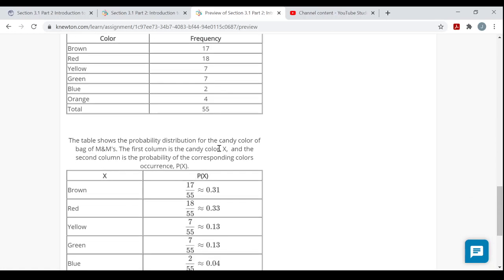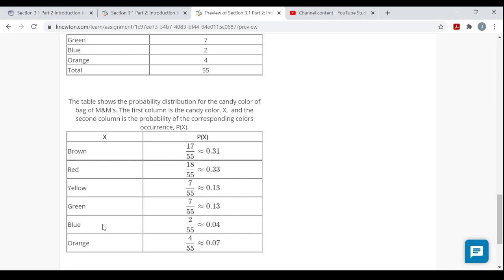A probability distribution gives you the same categories, and this variable called x is just candy color. A random variable is just whatever is being recorded. So x here represents M&M color. The right column is, remember this notation from section 3.1 part 1, the probability of x.